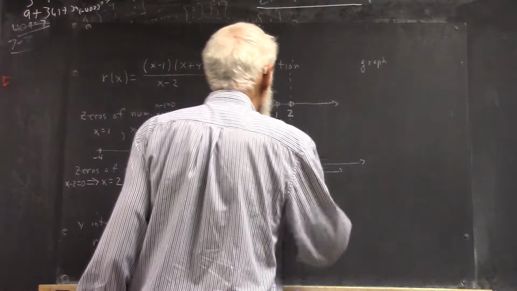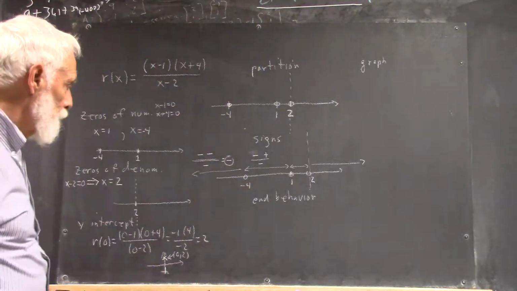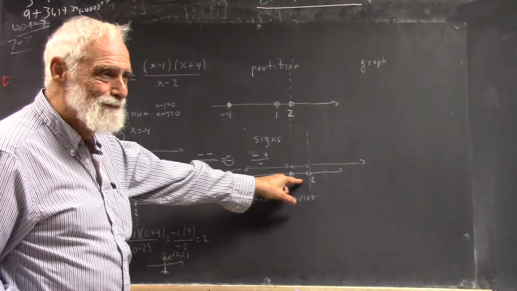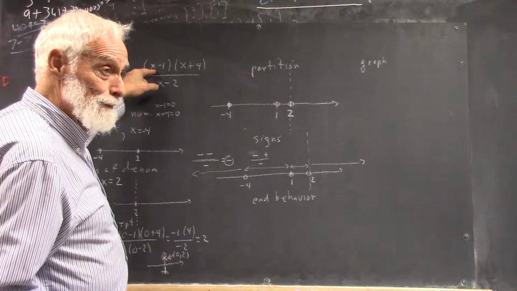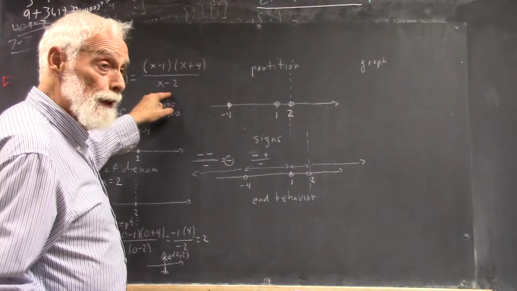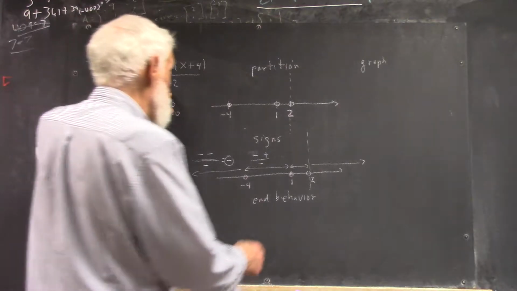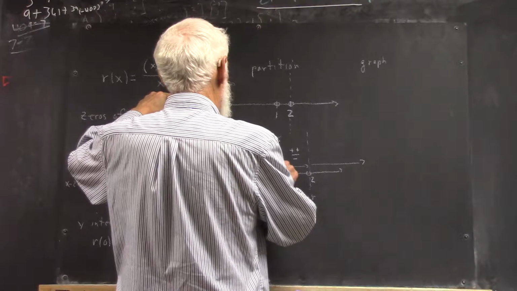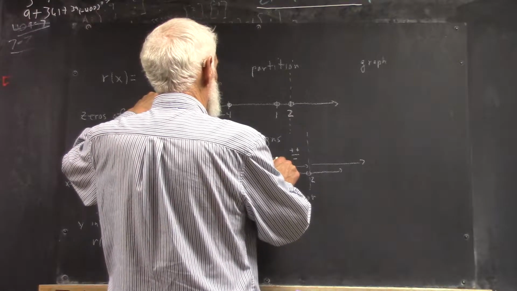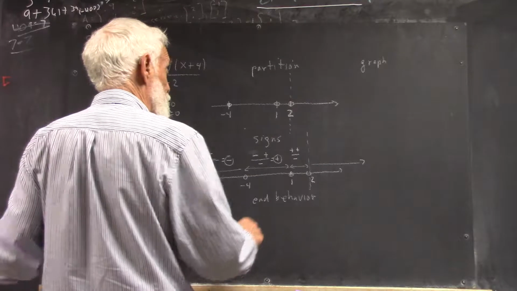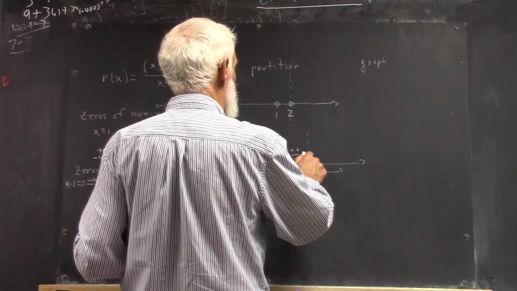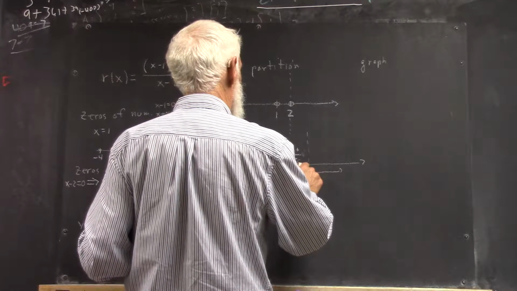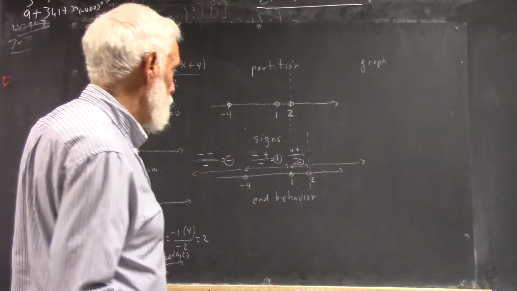Between 1 and 2, well, if x was 1.5, this would be positive, this would be positive, but this would still be negative, right? So we would have a positive and a positive over a negative. Now, negative, positive, negative gives us a positive. The graph's got to be positive here. Positive, positive divided by negative, which is negative on this interval.